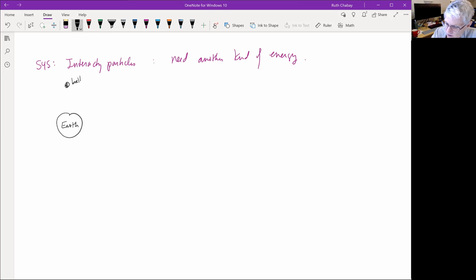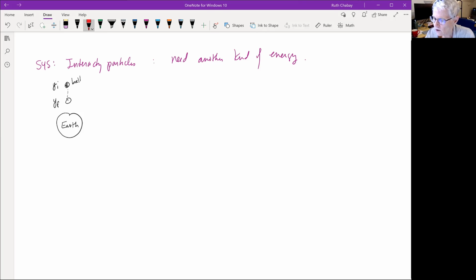Okay, so the ball starts here at some y initial, and it travels to some y final here. And obviously, as it travels toward the Earth, it's going to speed up, right?